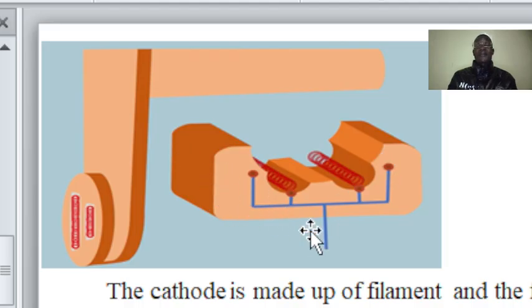It cannot emit electrons, but it has the capability to produce a high negative or high repulsive force that makes these electrons to be focused. Normally we have three types of focusing cup.